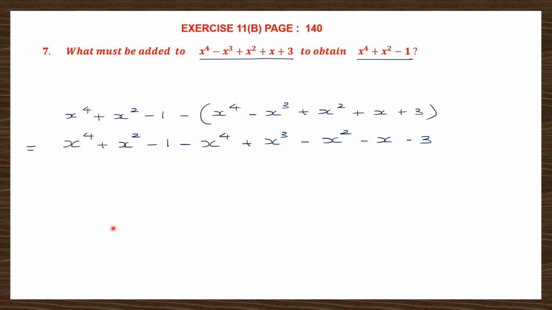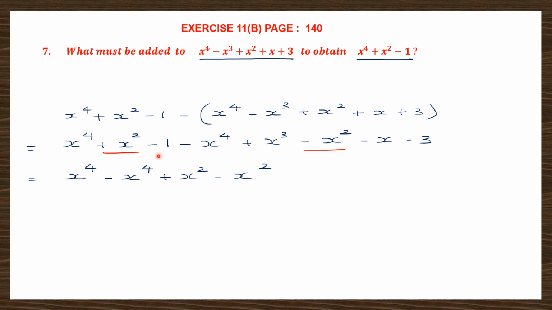So here we have x to the power of 4. Do we have another x to the power of 4? Yes, here we have minus x to the power of 4. So let's write these together. So this becomes x to the power of 4 minus x to the power of 4. Then we have x to the power of 2. Yes, here also we have minus x to the power of 2. So plus x to the power of 2, and here we have minus x to the power of 2.